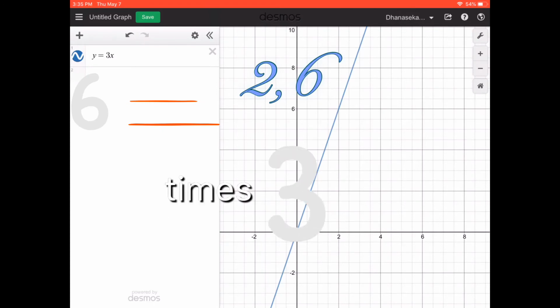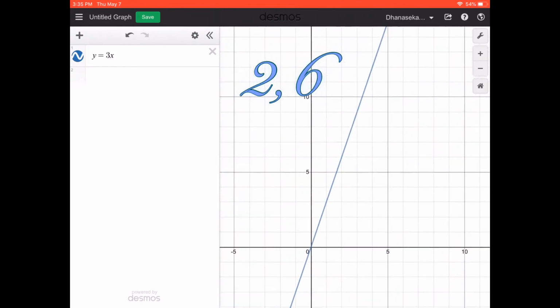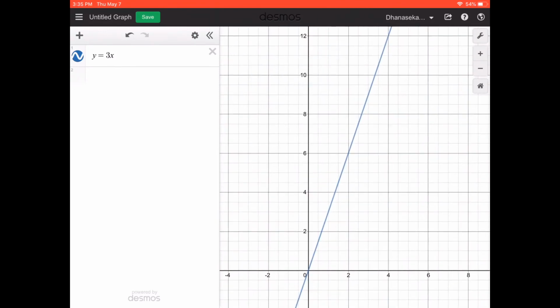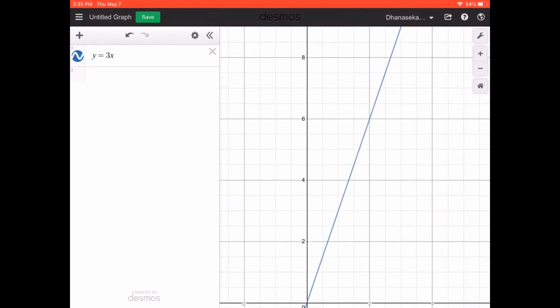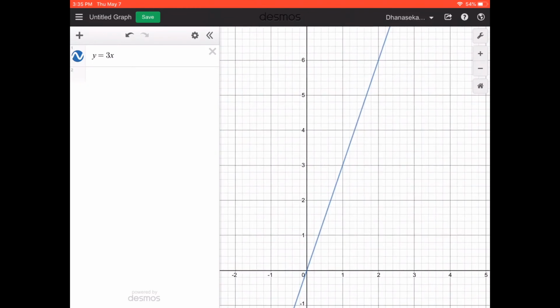Not a coincidence. So that will absolutely help you figure out what the slope will be. That will be pretty important as you get along in middle school or high school. So that's basically what the equations are.